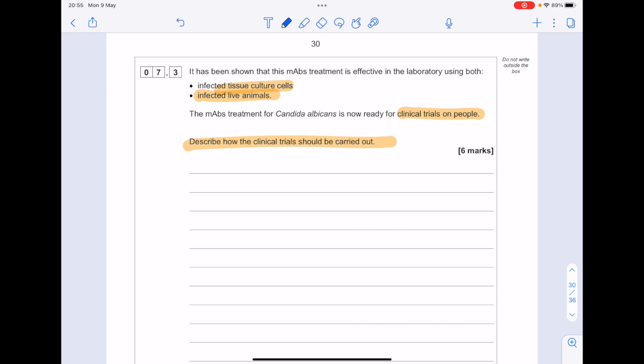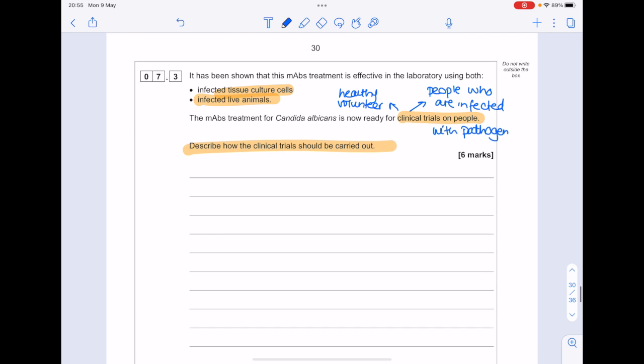Well, remember with the clinical trials, first of all, we need to try it out on healthy volunteers, followed by people who are infected with the Candida albicans. And remember, we're looking for things like efficacy, dosage, toxicity. So these are all things we need to consider, and it's worth 6 marks.